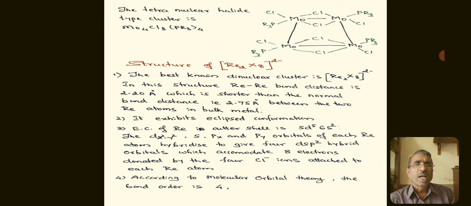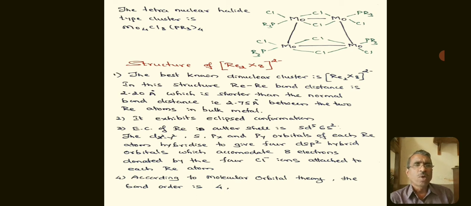It exhibits eclipsed conformation. Electronic configuration of rhenium in outer shell is 5d5 6s2. The dx square minus y square, s, px and py orbitals of each rhenium atom hybridize to give 4 dsp2 hybrid orbitals, which accommodate the 8 electrons donated by the 4 chloride ions attached to each rhenium atom.